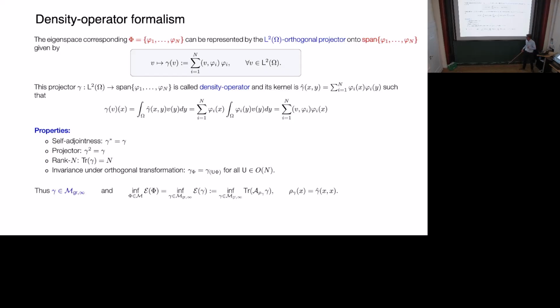Okay, so therefore, this gamma belongs to this manifold, and instead of looking for minimizers or infimizers of this energy, you can try to minimize over the spectral projector by just saying, I'm minimizing here this operator A, the trace of A with gamma, and there's a nonlinearity through the rho. So every gamma generates a rho.